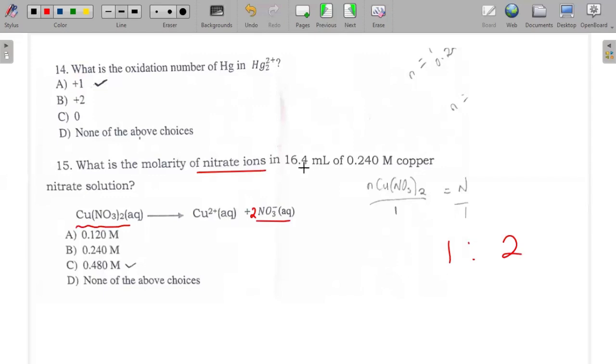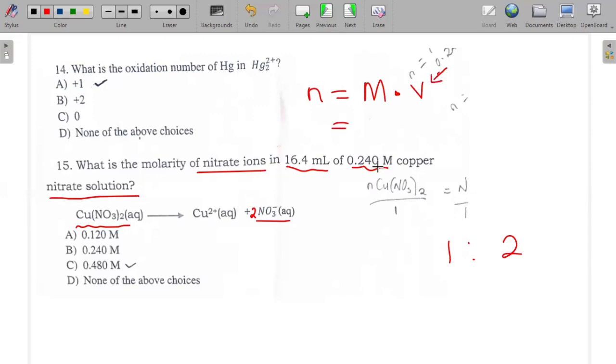Okay, so here we've been given the volume and the concentration of the copper nitrate solution, so we can use them to find the moles. We know that the moles is equal to the molarity, which is the concentration, multiplied by the volume. This volume always has to be in liters.